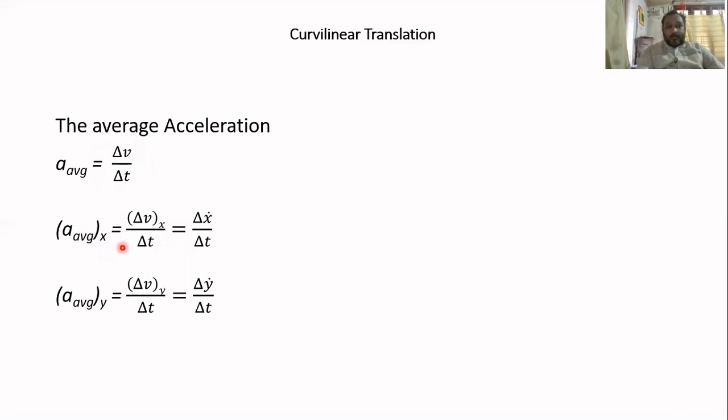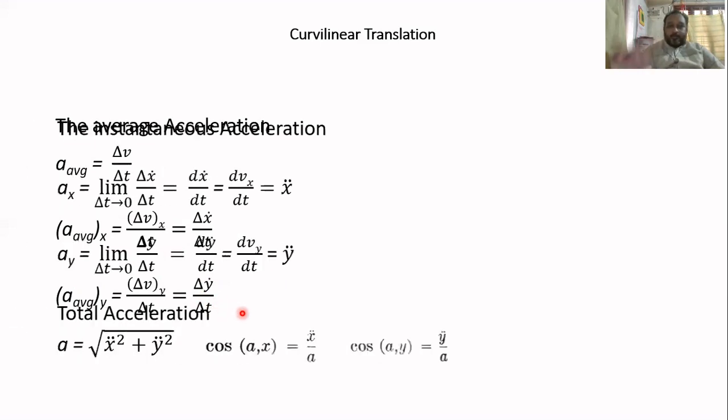In the x direction, the average acceleration is the change in the x component of velocity divided by the change in time, represented by delta x dot by delta t, and similarly the y component of acceleration is delta y dot by delta t.